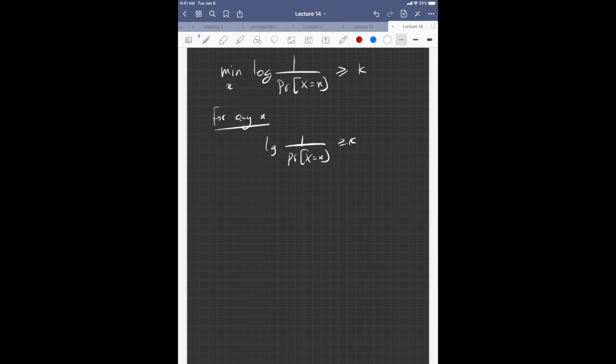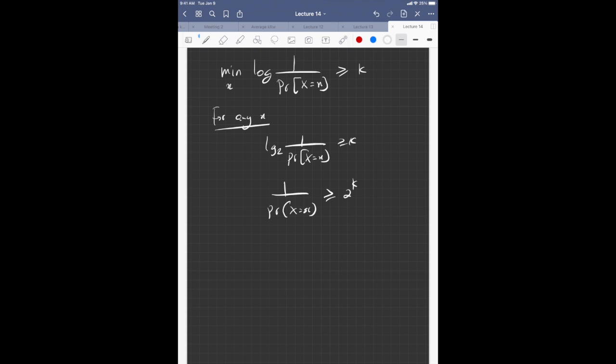If you take the exponential, this is saying 1 over the probability of x equal to x is at least 2 to the k. I'm just taking 2 to the this much, so the logarithm, which is always with respect to 2, goes away.